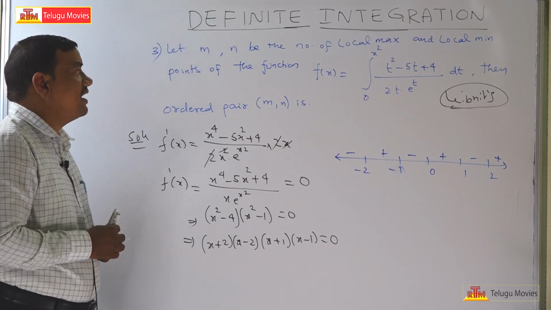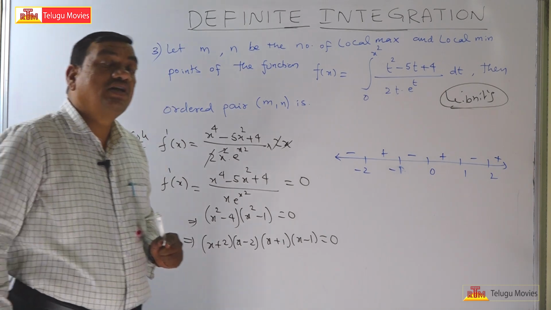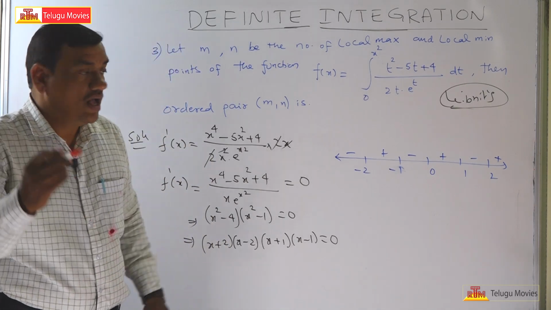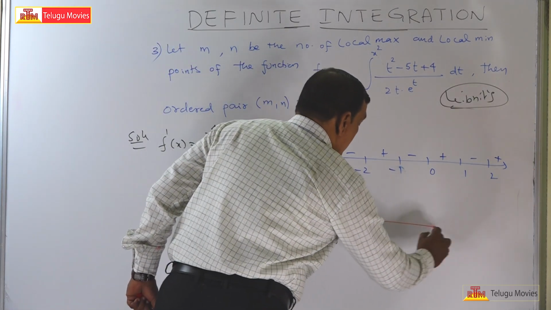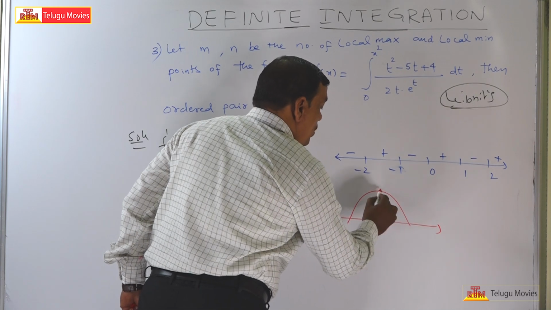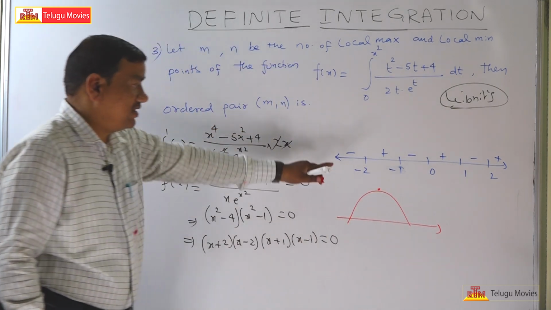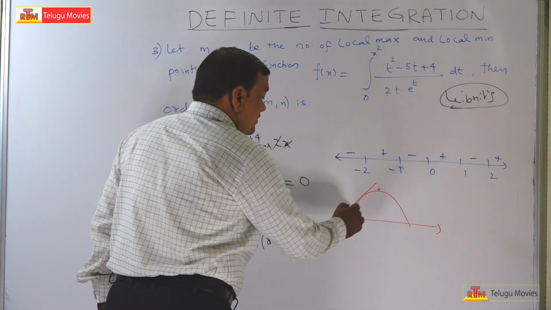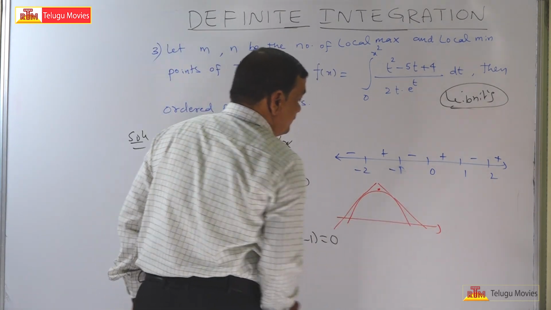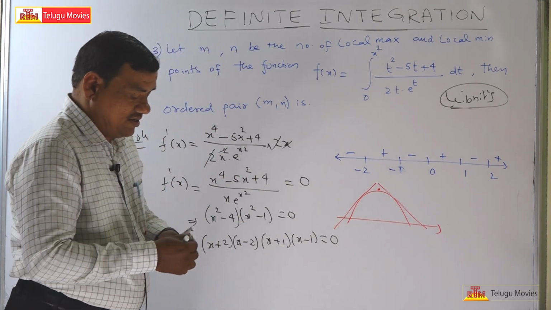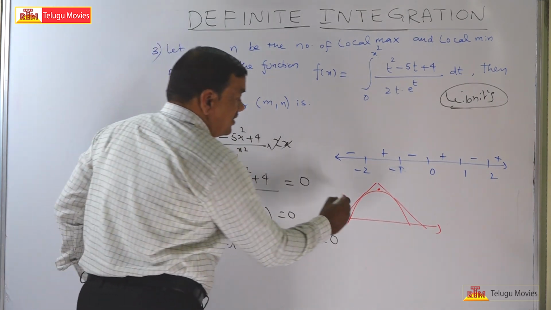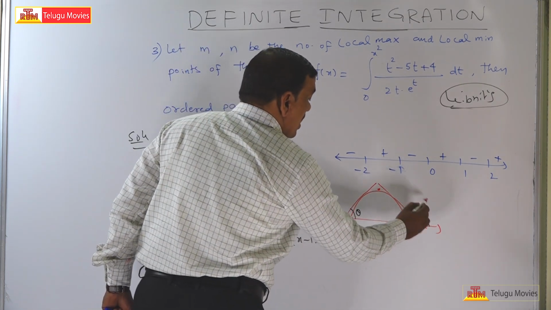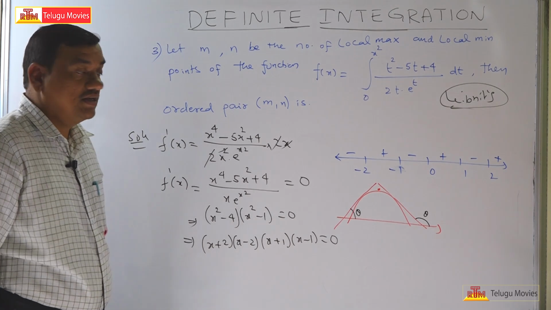Now, carefully observe here where you will get local maxima, where you will get local minima. If it is a local maxima, if you draw the tangents here, this will be the acute angle with x-axis, and this will be the obtuse angle with x-axis.